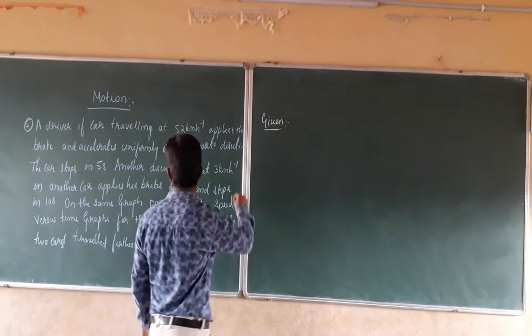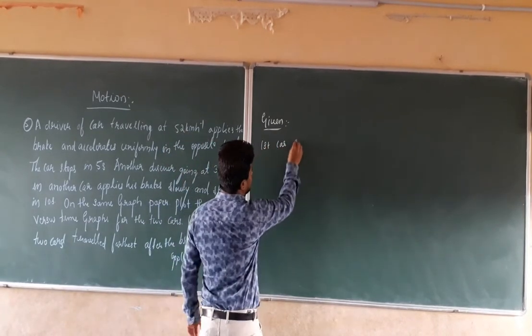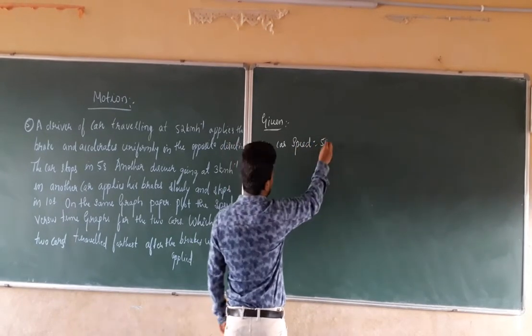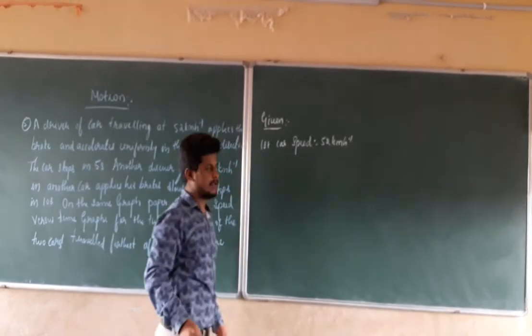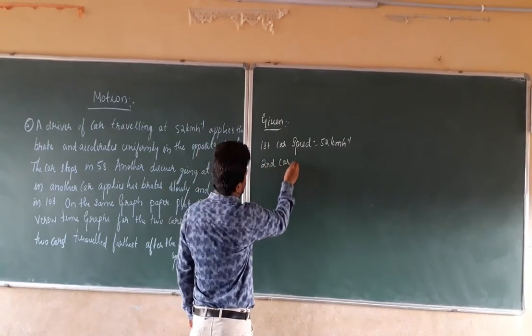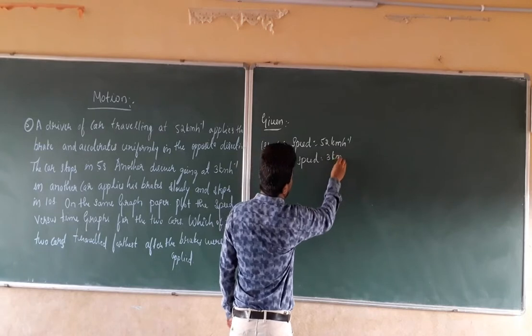So the speed of the first car is given as 52 km per hour. In the same manner, the speed of the second car is given as 3 km per hour.